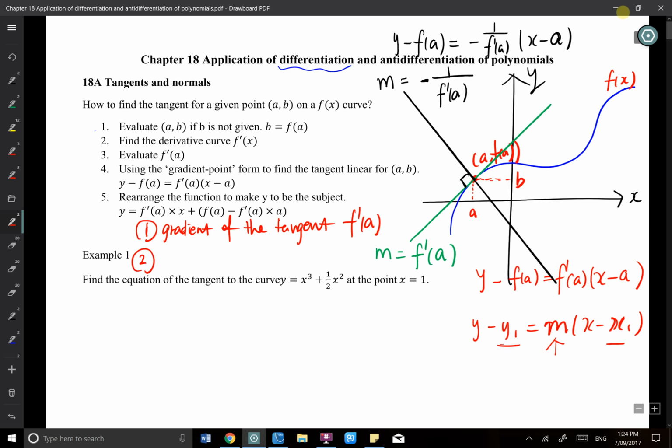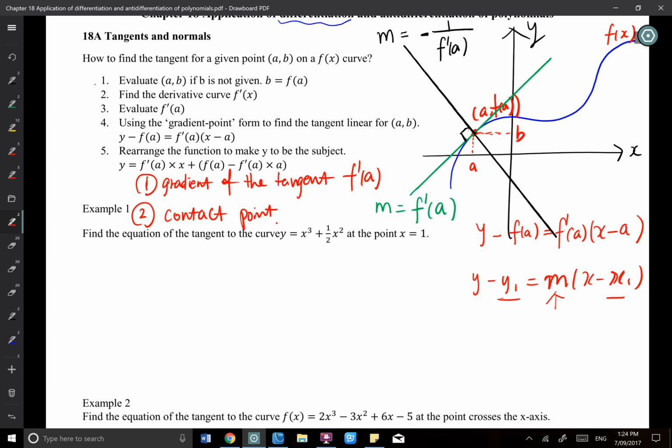Second, a contact point, the point on all three graphs, which is (a, f(a)). I just need those two pieces of information.